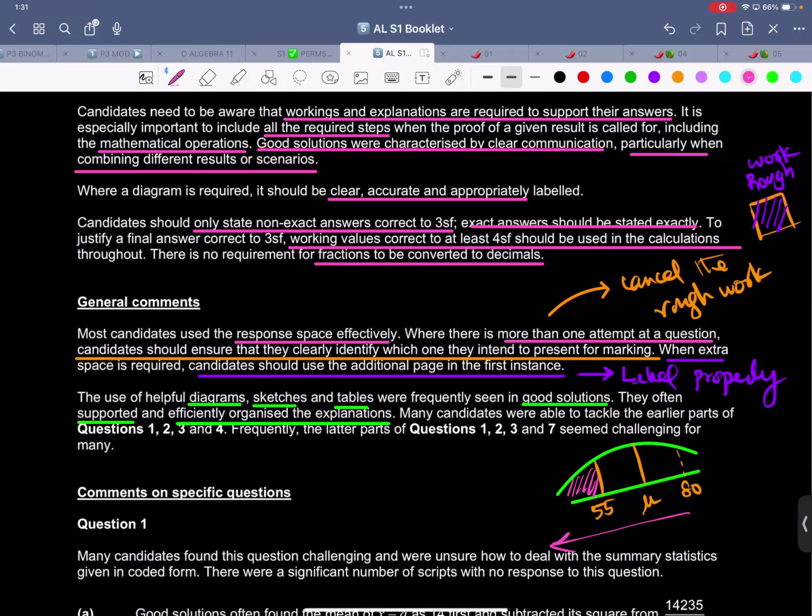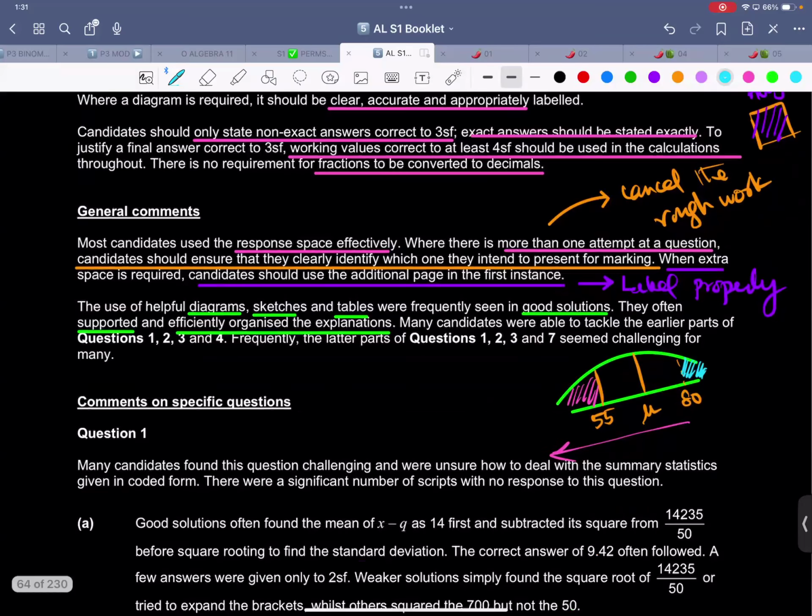Or maybe you need this part over here, so you just do the subtraction and so on. Now it says many candidates were able to tackle the earlier parts and frequently the later parts seemed challenging. That is all about it.